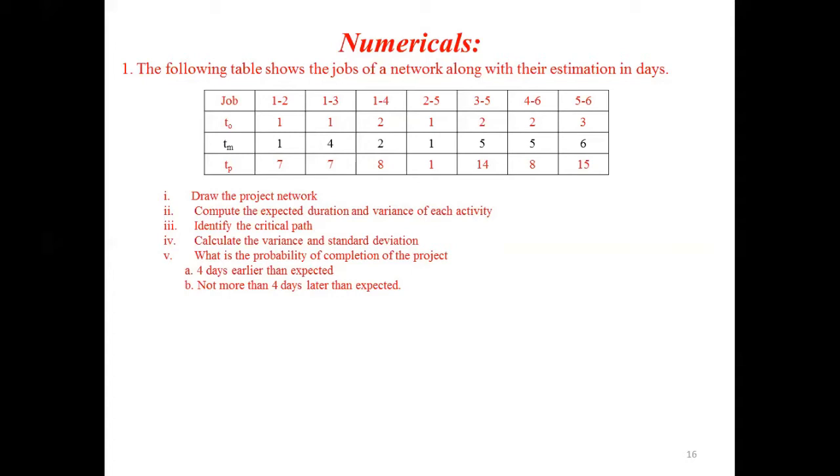Next, you need to calculate the variance and standard deviation, this Z value. Fifth, what is the probability of completion of the project? A, it is given 4 days earlier than expected. B, not more than 4 days later than expected.